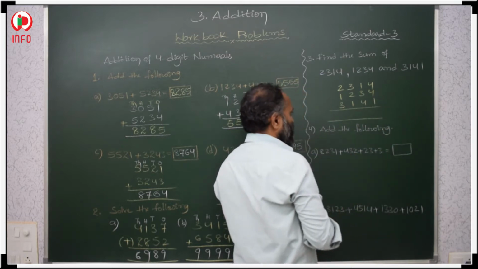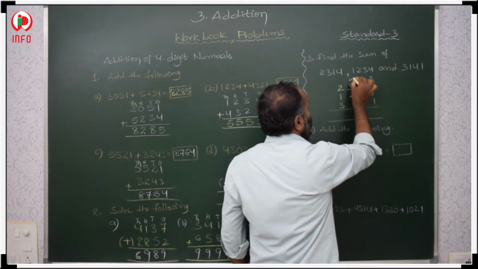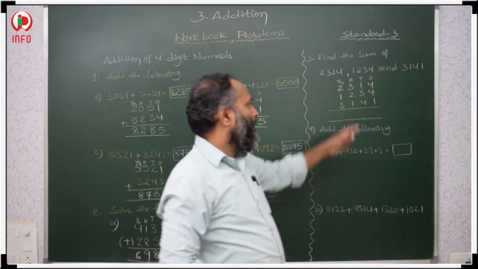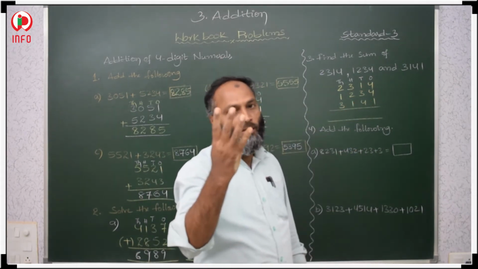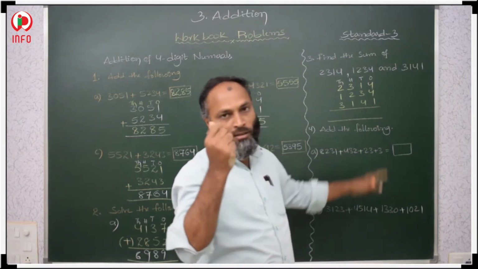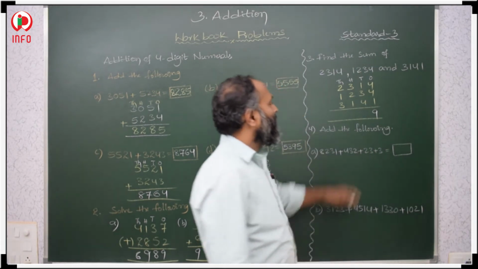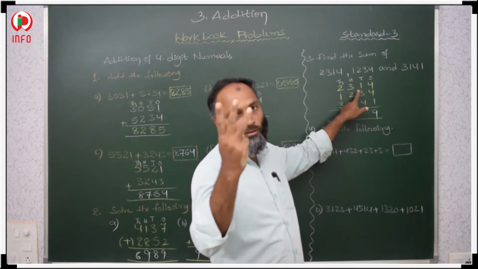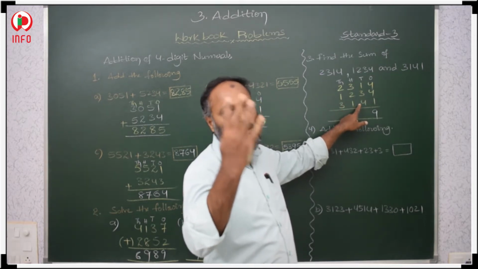This is ones place, tens place, hundreds place, thousands place. 4 plus 4, 5, 6, 7, 8. 8 plus 1, 9. Here 9. 1 plus 3, 1, 2, 3, 4. 4 plus 4 again, 5, 6, 7, 8.